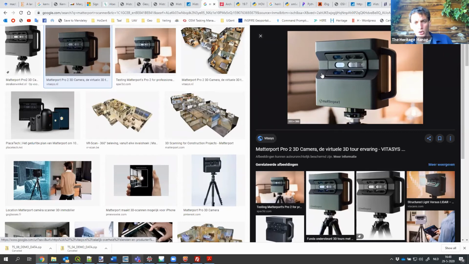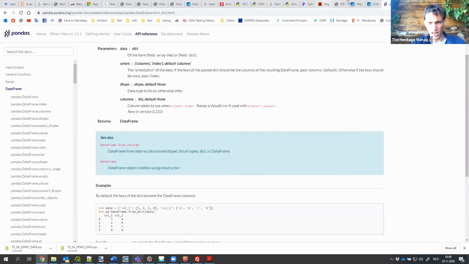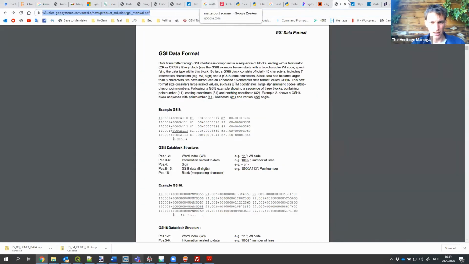So this is extremely useful for indoor environments, but definitely not for outdoor environments. But the idea here is that you have a rangefinder, a laser scanner that's rotating, that is simultaneously making panoramic pictures.